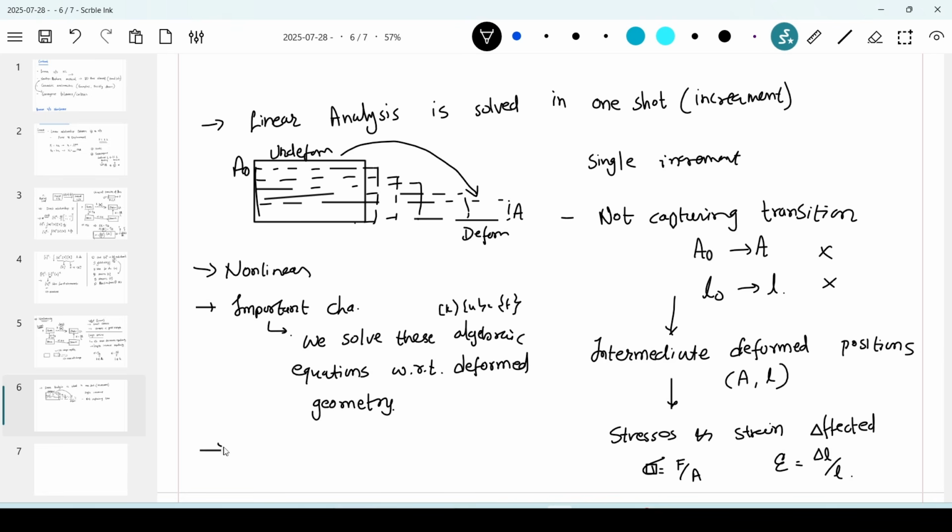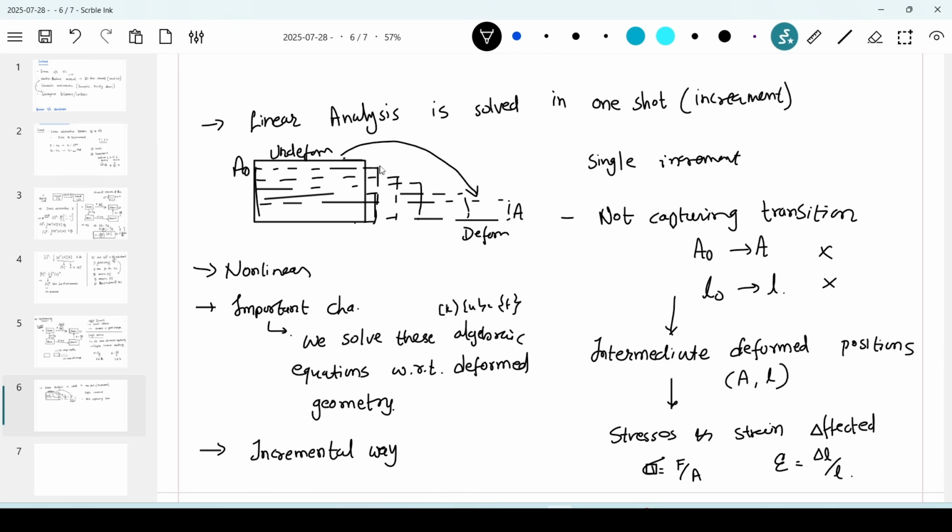So what we are doing in linear analysis is directly jumping from undeformed to deformed. In non-linear analysis, we are going in an incremental way. That means we apply only this much load and try to find the deformed configuration.